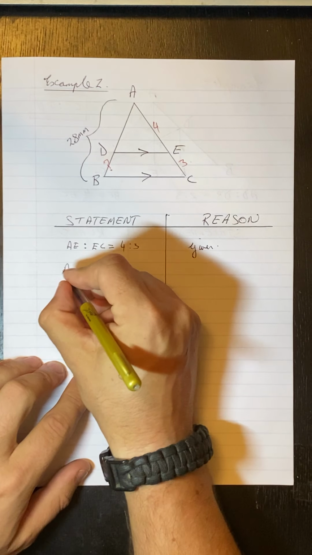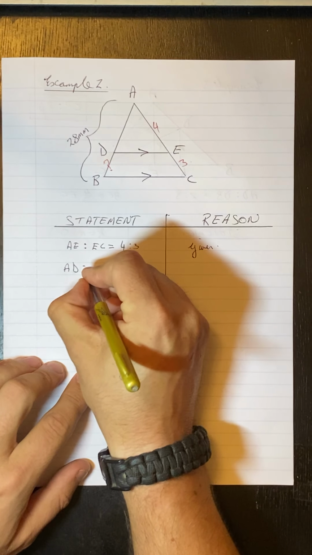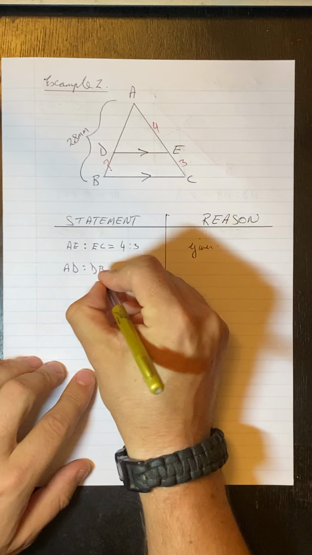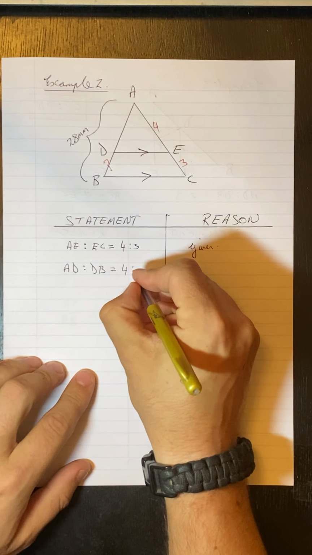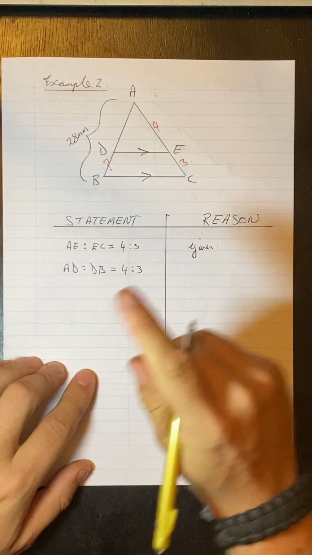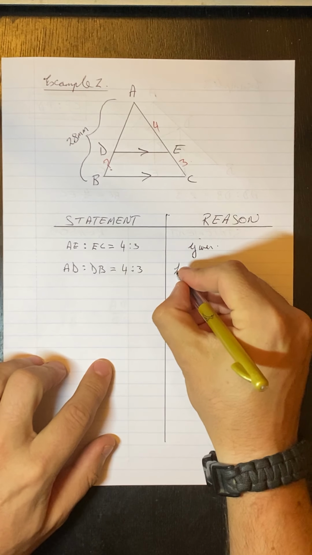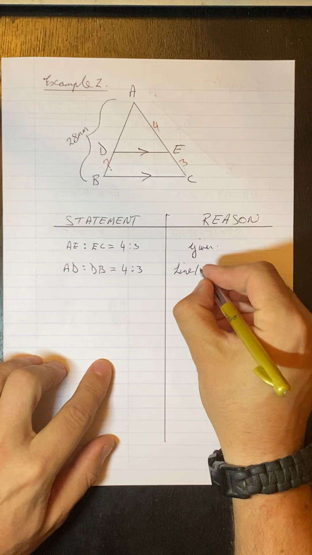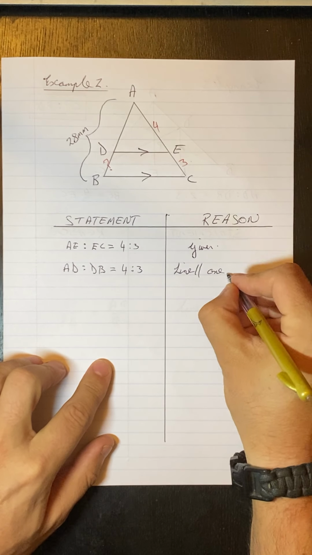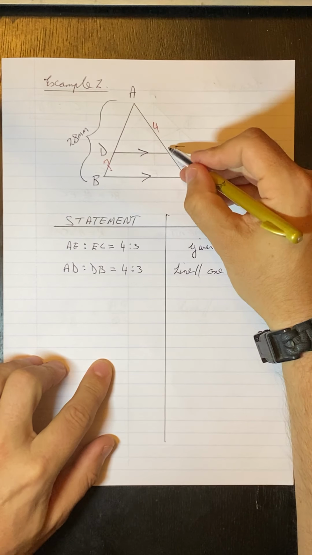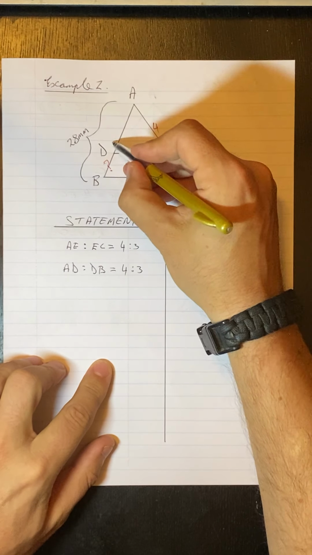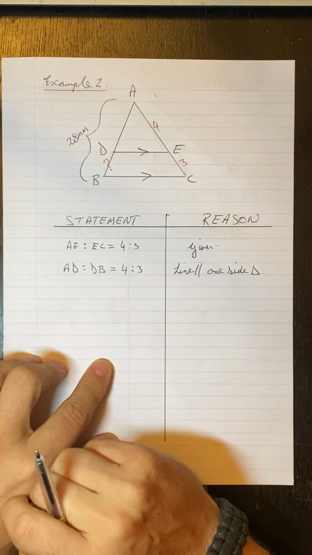So we know that AD to DB will also be equal to this ratio. Okay, why have I said that? Line parallel one side triangle. Okay, this to this equals that to that, and that's what we've got there.